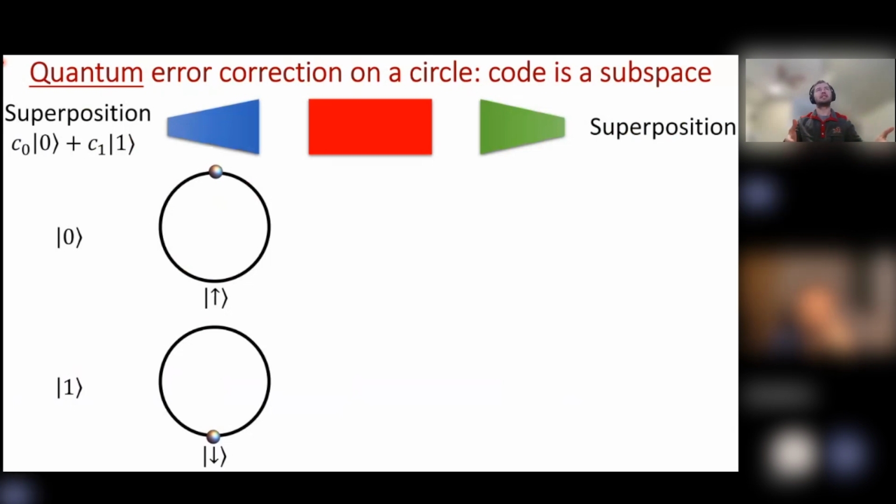So let's just naively stick with our circle and pick the code that we used before. We'll stick the 0 ket on the North Pole and the 1 ket on the South Pole. Now we are allowed to have superpositions of points on the circle because we're dealing with functions on the space. Formally, this is the L2 of U1, or L2 of T, or L2 of S1, of the circle.